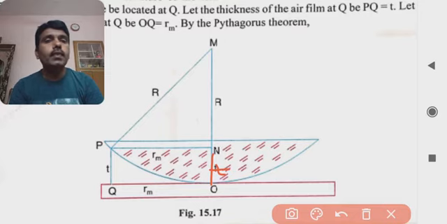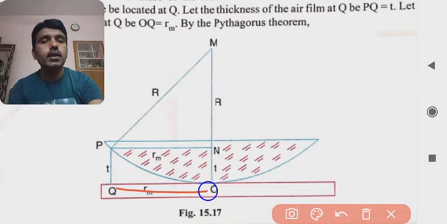And another part, PN, if we join this, is the RM, simply called the radius of this circular plano-convex lens. And this OQ is nothing but RM, which is small r suffix m. So these are the relationships.